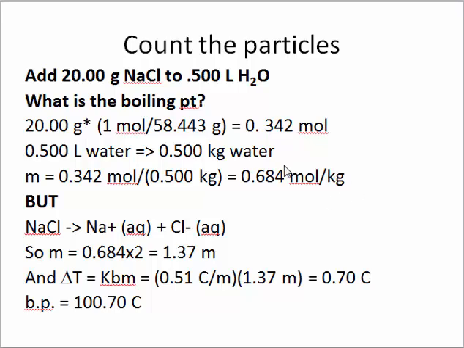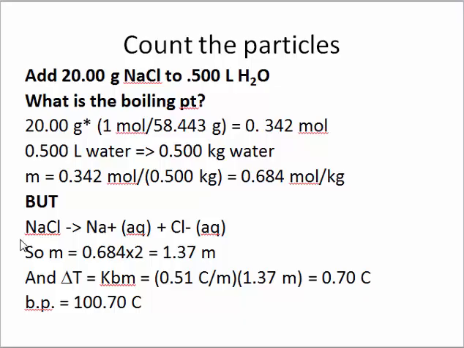Now we could go on to complete the problem, find the boiling point of water, but we would be wrong because we have not yet accounted for the fact that sodium chloride breaks into two particles in water. Colligative means number, not kind. It's not important what the particles are, just how many there are.